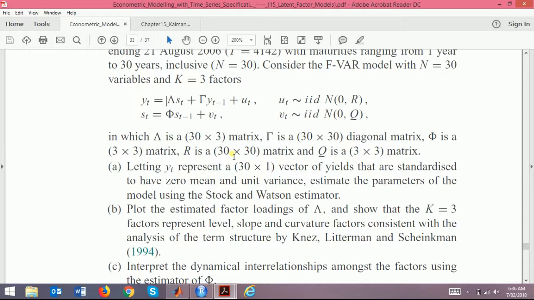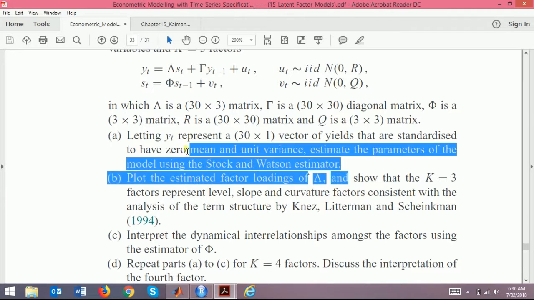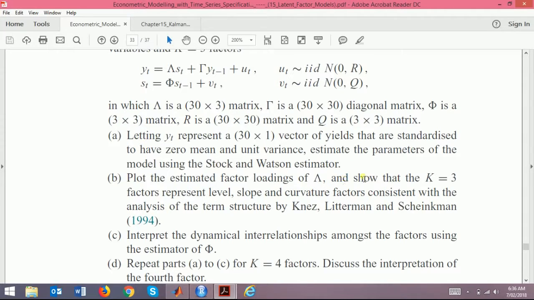Estimate the parameters of the model using Stock-Watson, which is principal component analysis. So we first standardize, then we plot the estimated factor loading of lambda and show that k equal to 3 factors represent level, slope and curvature factors.